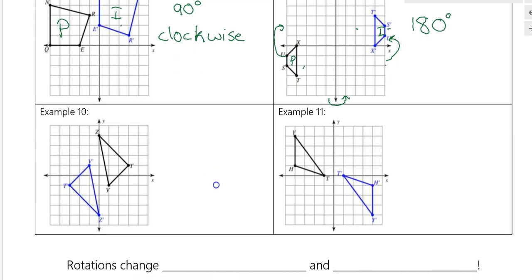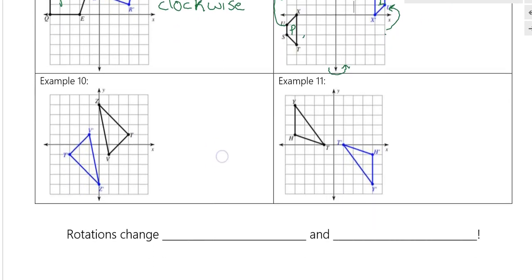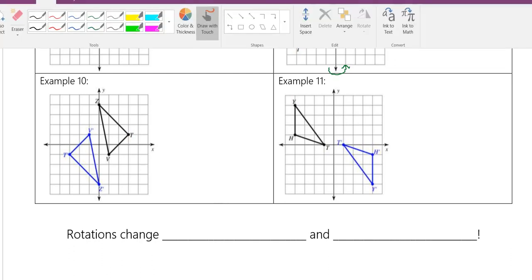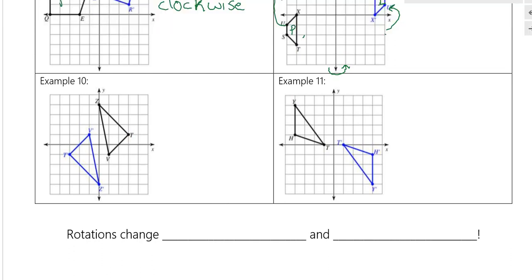All right, looking at example 10. Here is my pre-image and my image. So I'm going this way, and then I have to move to the next quadrant, right? T goes to this quadrant, then to this quadrant. Or, again, it could go the other way.